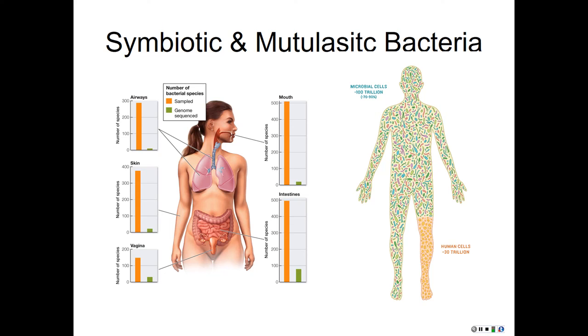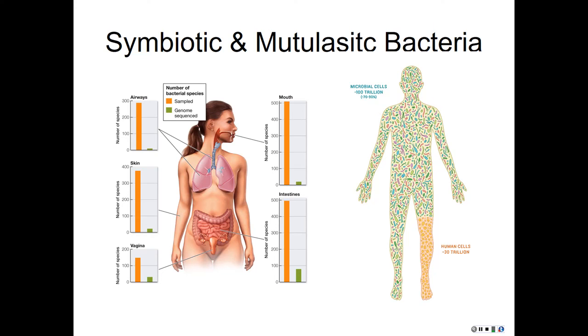So we have about 500 to 1,000 or so species in our gut that help us acquire nutrients, that help us, for example, unlock vitamins from nutrients we otherwise wouldn't be able to get, help us digest our food, break things down.